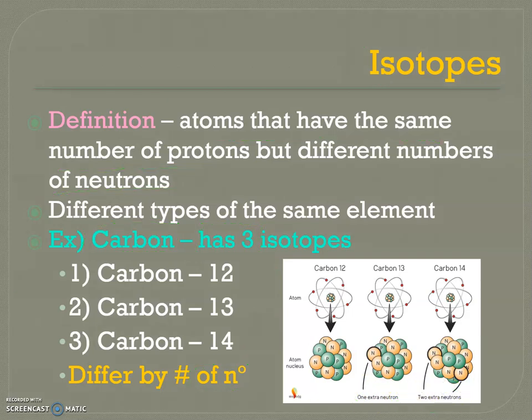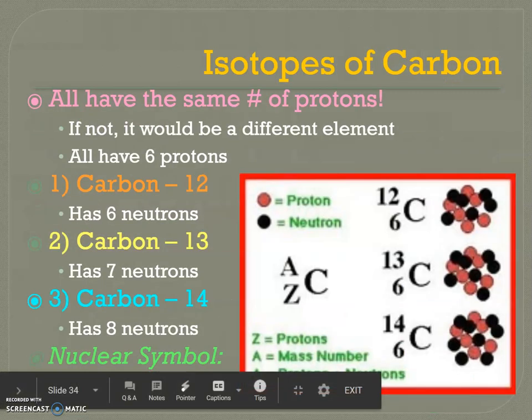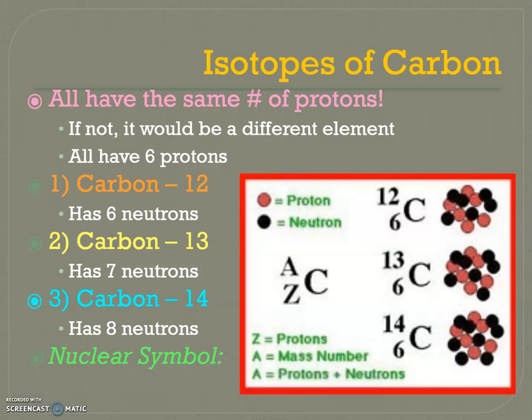So if we take a look at carbon isotopes, you would see that there is a distinct difference in their masses. And if you take the masses of 12, 13, and 14, and we average them together, what would their average mass be?